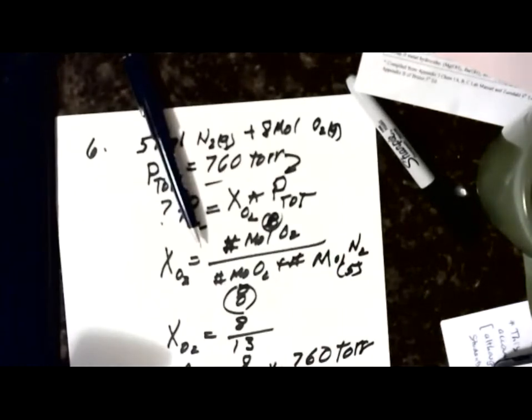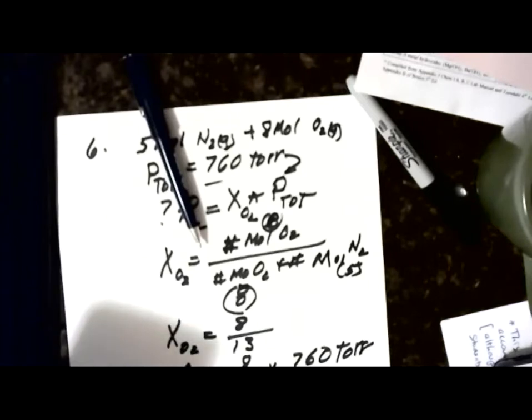Pressure of nitrogen is just going to be the difference between what we got here and 760 that we started out with. So all I got to do is take this number I got here, 467.69, and 760 minus that number would be this one.